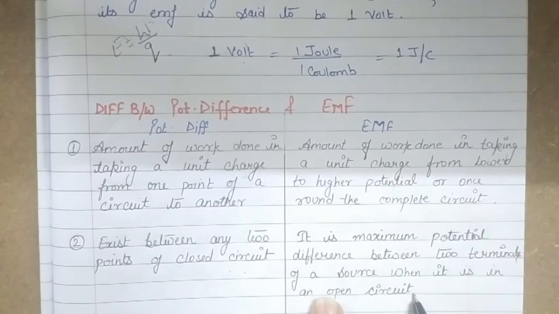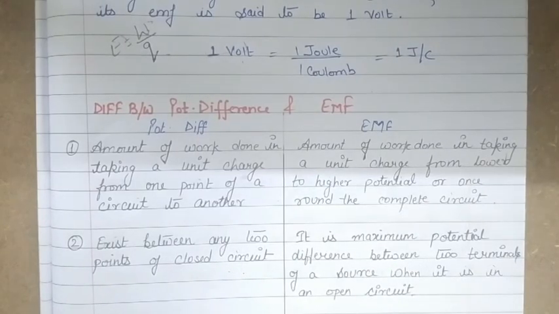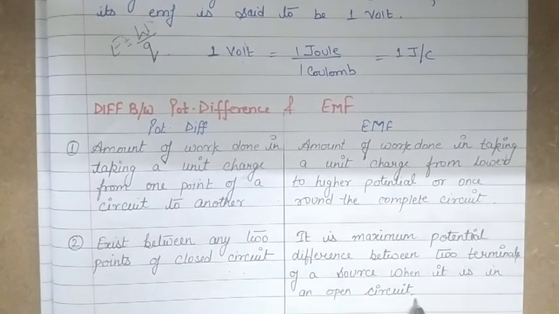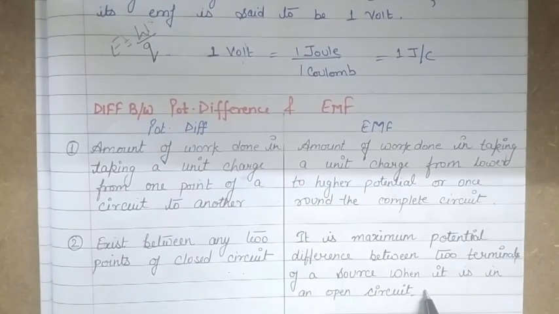While in case of EMF, it is the maximum potential difference between the two terminals of the source, and with the condition that the source is connected to an open circuit. हमने जैसा अभी EMF के definition में समझा था, for an open circuit जो भी हमारे बैटरी के या सोर्स के टर्मिनल्स होंगे उनके बीच का मैक्सिमम पोटेंशियल डिफरेंस इज कॉल्ड EMF. मीन्स उस समय वो सर्किट जो आप यूज़ कर रहे हो वो ओपन सर्किट होना चाहिए, लूप कंप्लीट नहीं होना चाहिए, तब हम उसको बोलते हैं EMF.